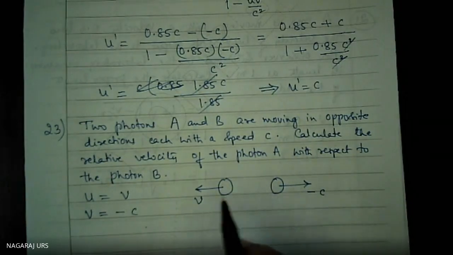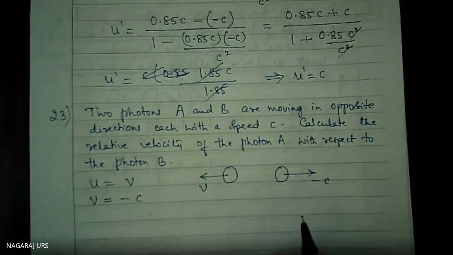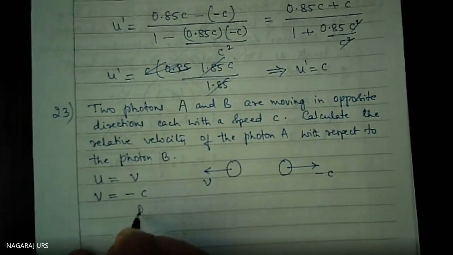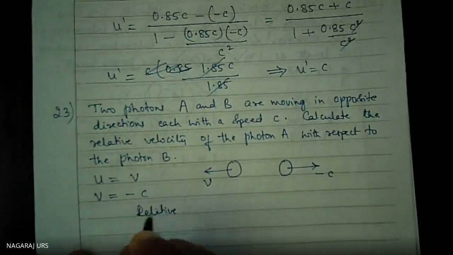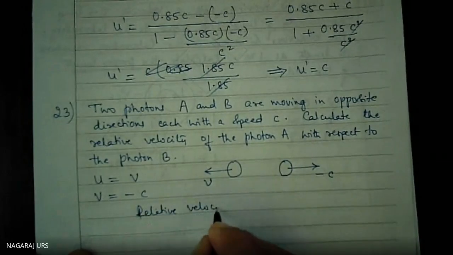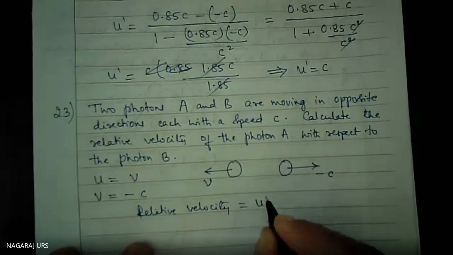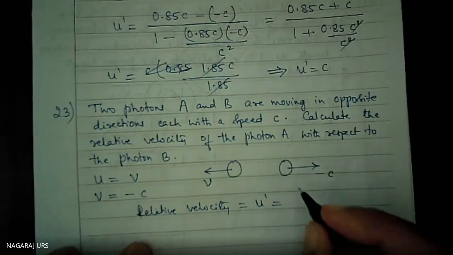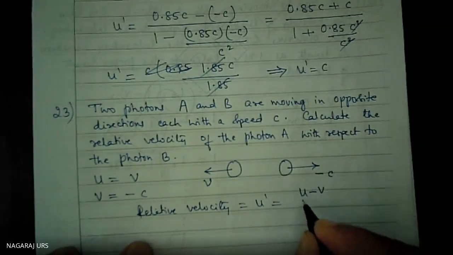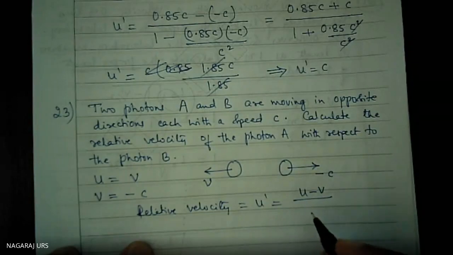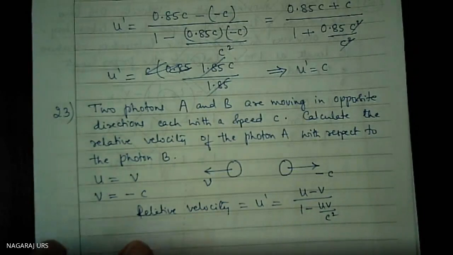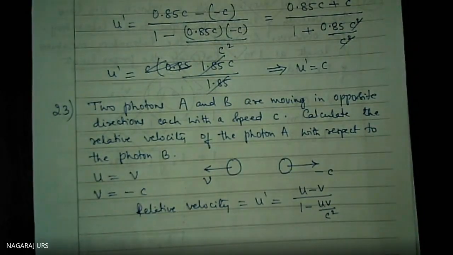Calculate the relative velocity of these two. So relative velocity, formula u dash is equal to u minus v divided by 1 minus uv divided by c square. Substitute. Get the answer.